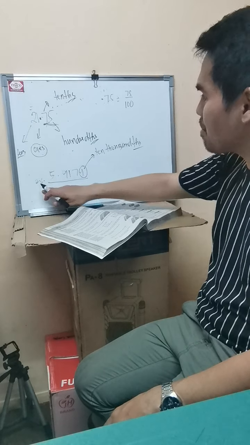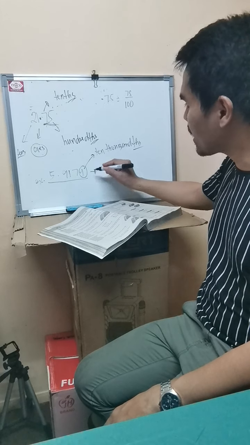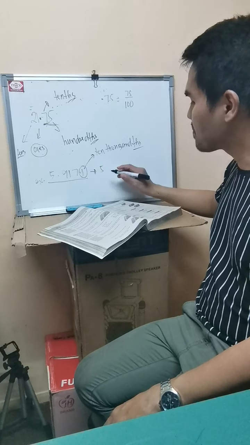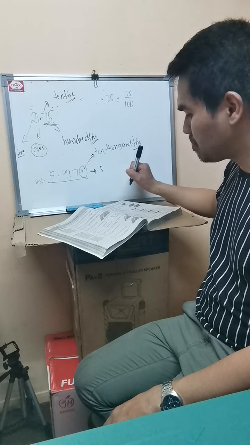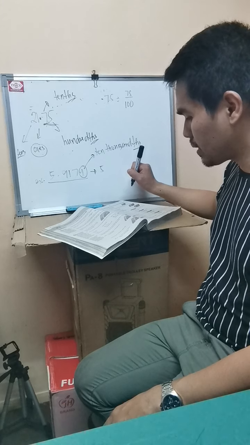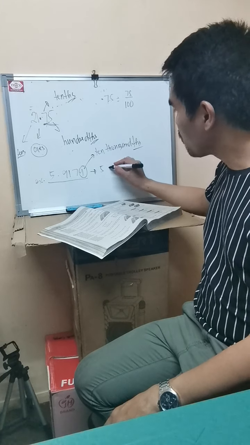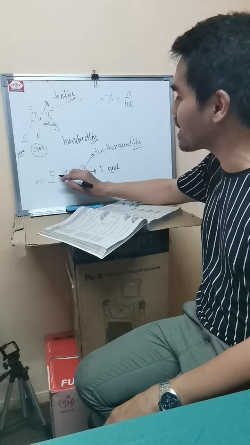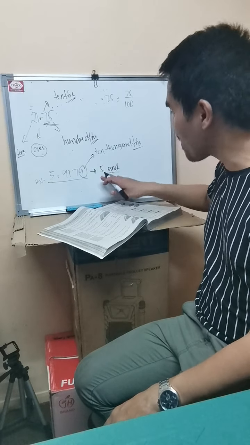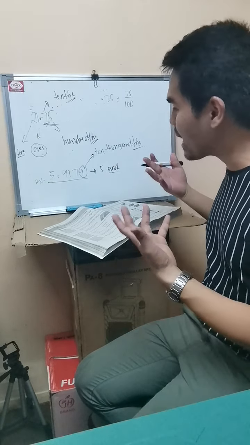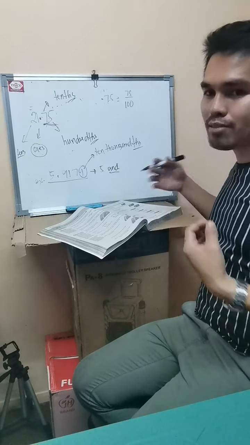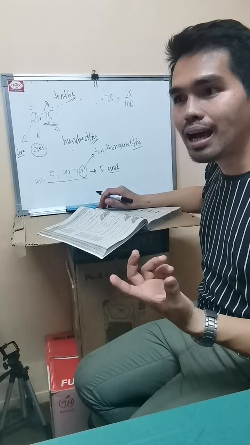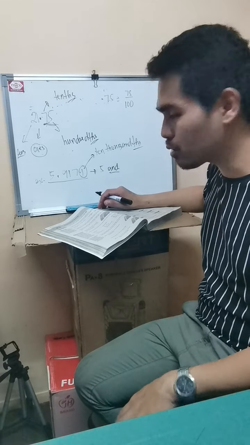The equivalent of this one in words is 5, and then we use the word "and". The "and" signifies the decimal point. Meaning you have 5 and, and the words that come after are the words equivalent to the decimal part of the decimal notation.